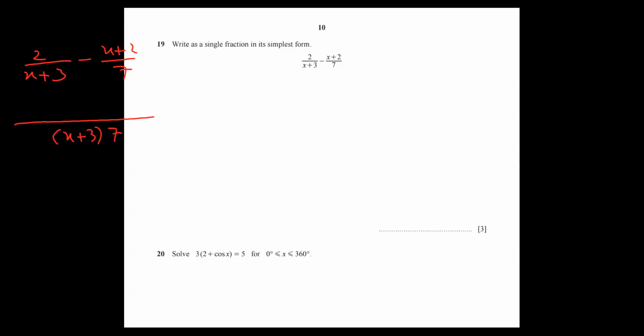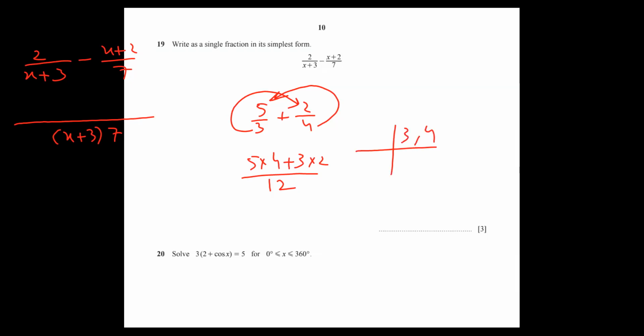I give an example: when you have 5 over 3 plus 2 over 4, because 3 and 4 have nothing common, 3 fours are 12, the LCM. So this 4 can multiply here, and this 3 can multiply here. So 5 into 4, 3 into 2. But this technique is applicable only when 3 and 4 have nothing common.